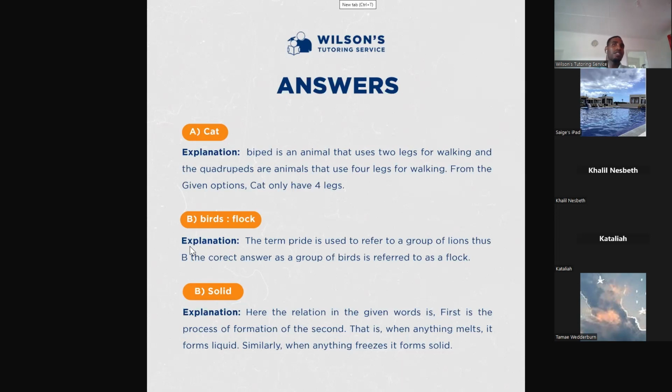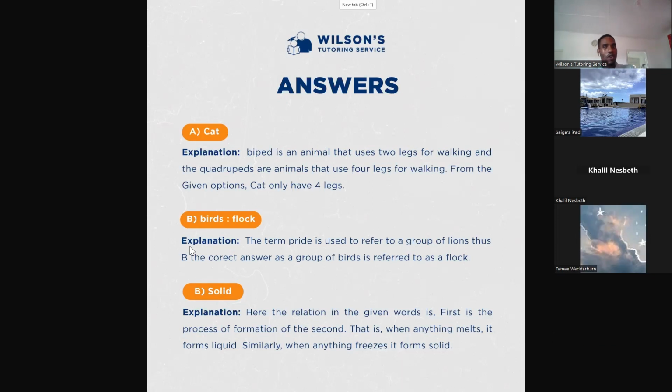It says here the relation in the given words is that the first is the process of the formation of the second. That is, when anything melts, it forms liquid. Similarly, when anything freezes, it forms solid. Is that clear? Yes, sir.